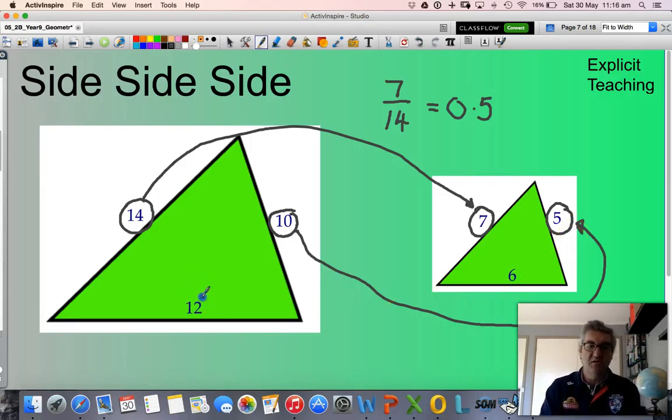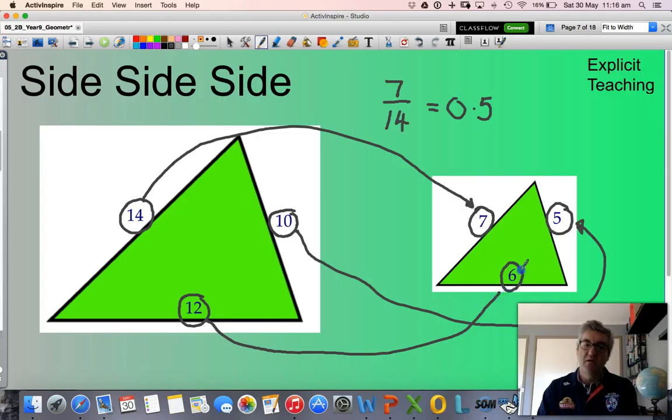and if I consider these two, the 12 and the 6, if I multiply those by the same ratio, 0.5, is that correct?